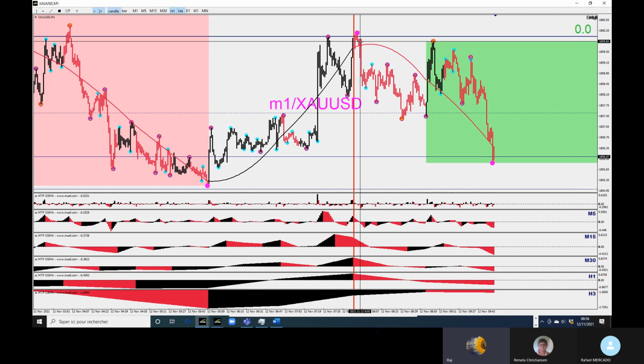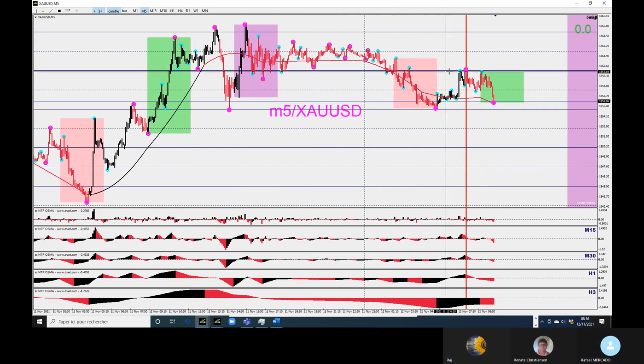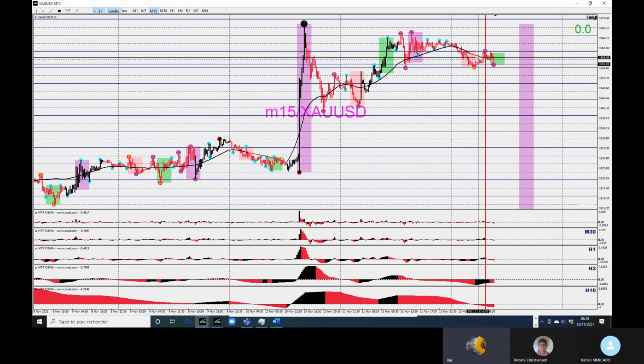On the 15-minute, yes. I have it here. You got a 3-ball up there, and you got a 2-ball retracement. And H3 is not red yet. So you move your red line to where the H3 turns red.